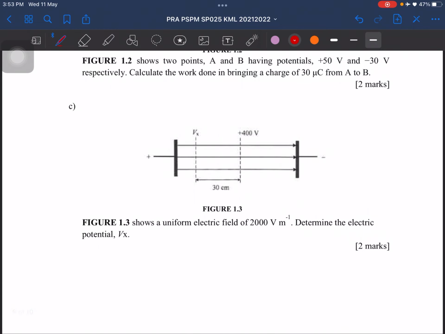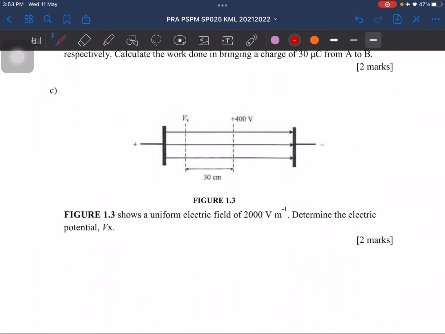And then for last question, so this is a uniform electric field, so the electric field is equal to 2000 volt per meter. So we have to determine the electric potential for X. Okay, so how do we calculate that? Is we do not know which one is the final, which one is initial, because the formula that we will use to solve this is E equals delta V over D. Okay, so sekarang ni delta V ni apa pula?